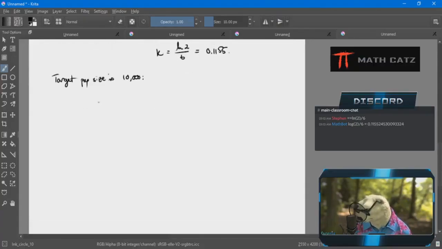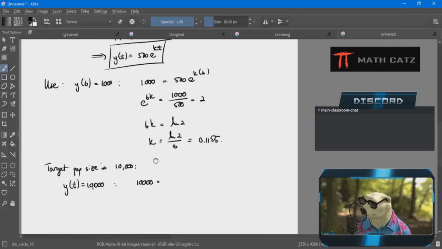I use my function. Let's just peek at what k is at the same time. So that means y of some t value is 10,000. So 10,000 for y equals, what's my function? Over there, 500 e to the kt, and I know what k is whenever I need it.